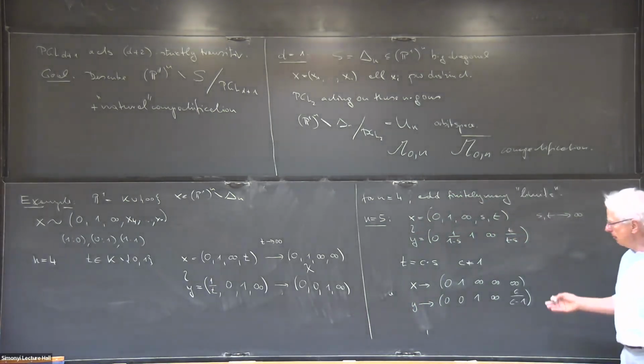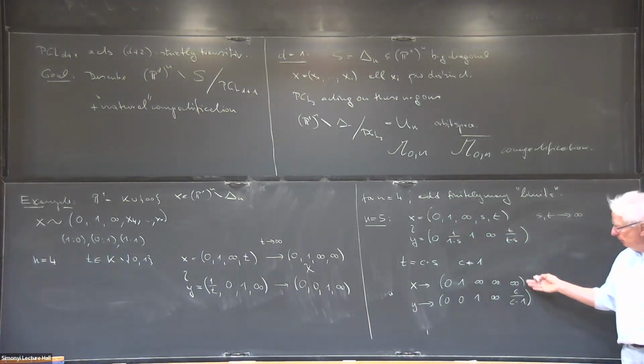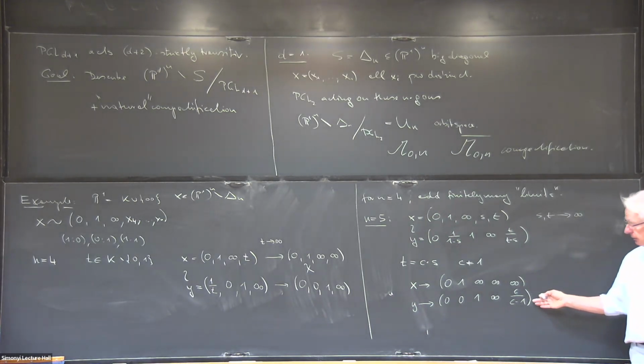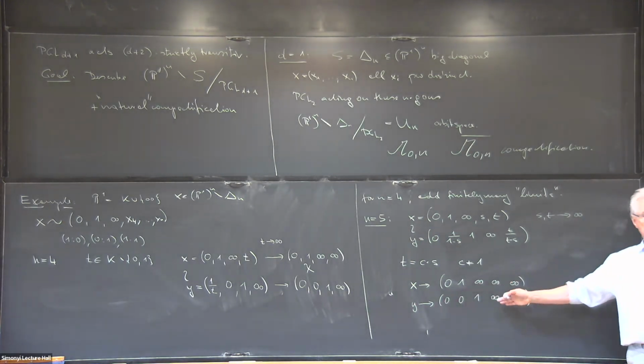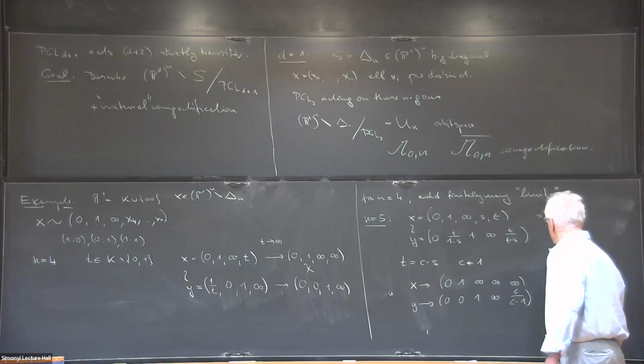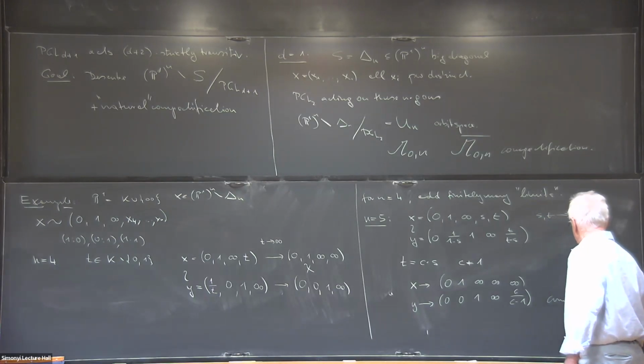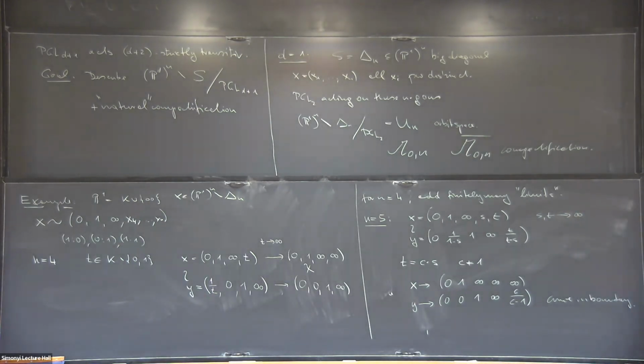Now you see, here you just get 1 point, but here you get the whole family depending on c, which means that you now have to add curves to get your compactification. Curves in the boundary. All this will enter quickly.